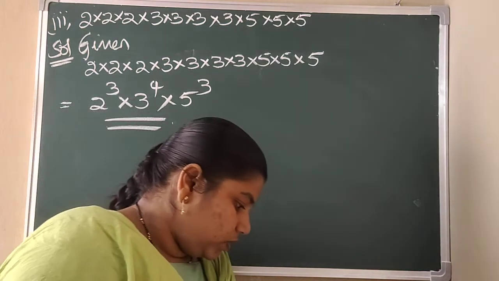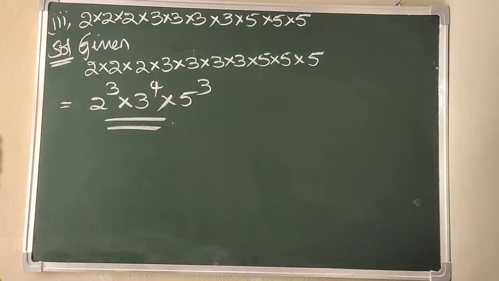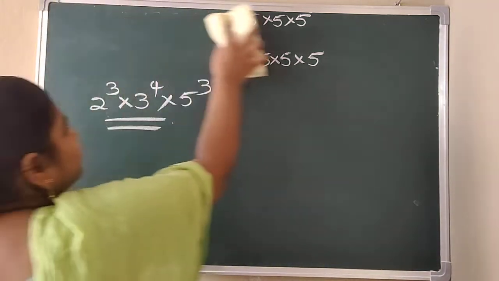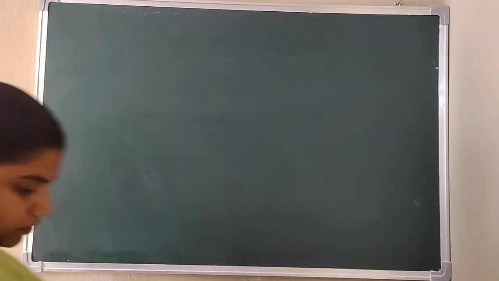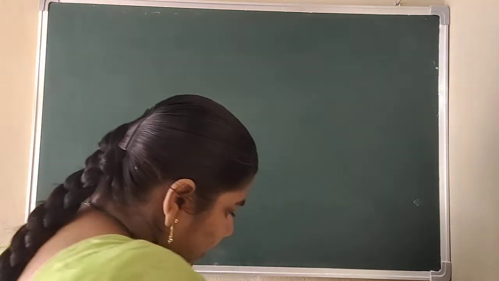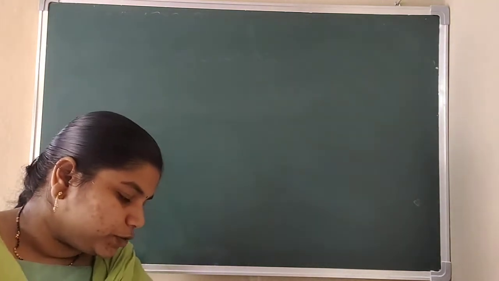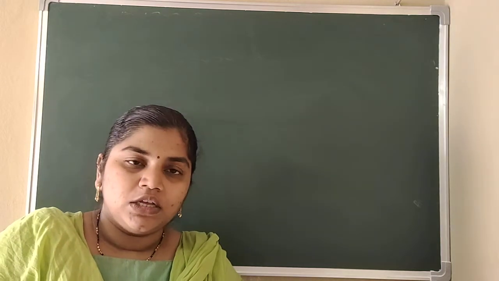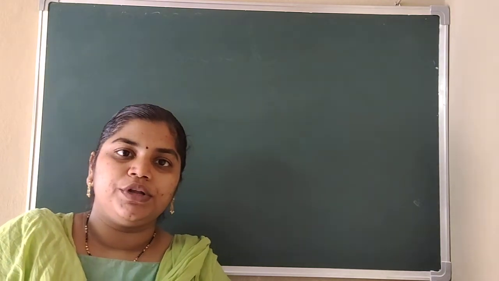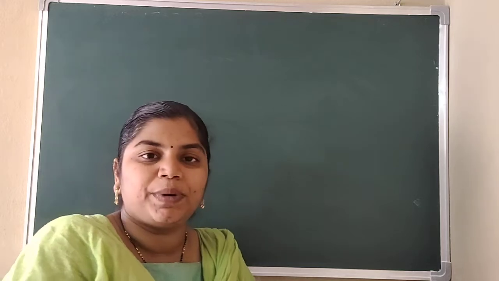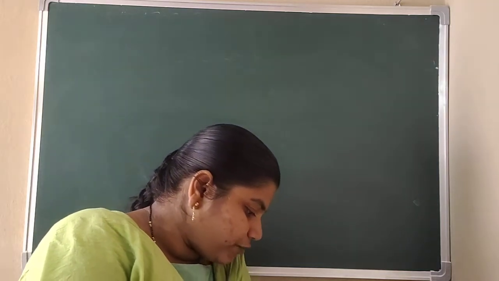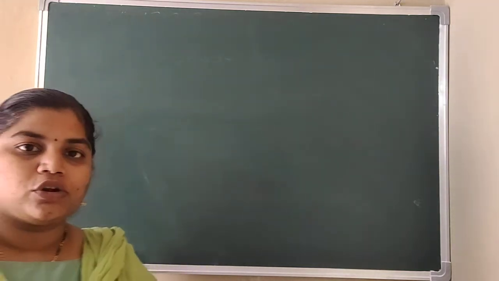Next bit, third bit. Express the following as a product of exponents through prime factorization. So they have given the number, we have to convert it into prime factorization. By using prime factorization, we have to write in the form of product of exponents. So here third bit.